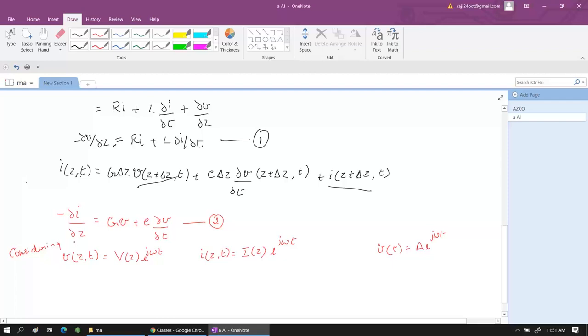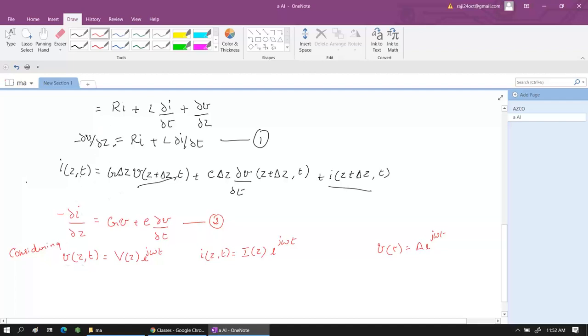Next, what do I want? I have to use this V of z comma t and I of z comma t in my above equations 1 and 2 for simplification purposes. So how to use them? What we know is that the V of z comma t I have taken previously is nothing but our V, right?